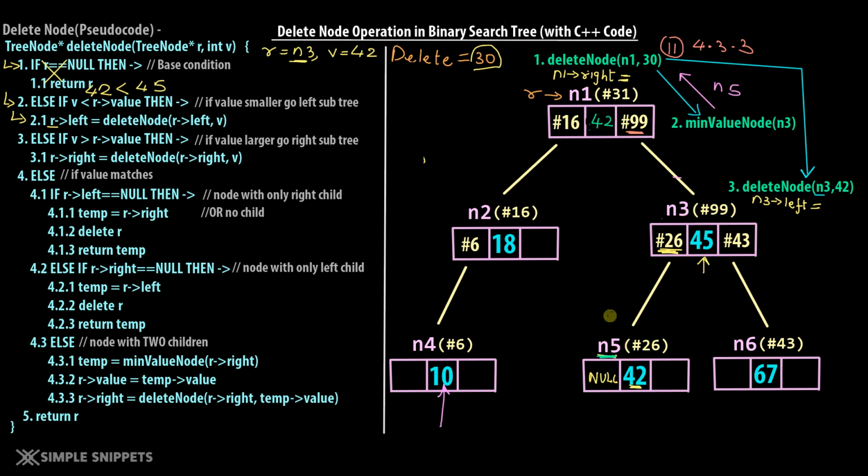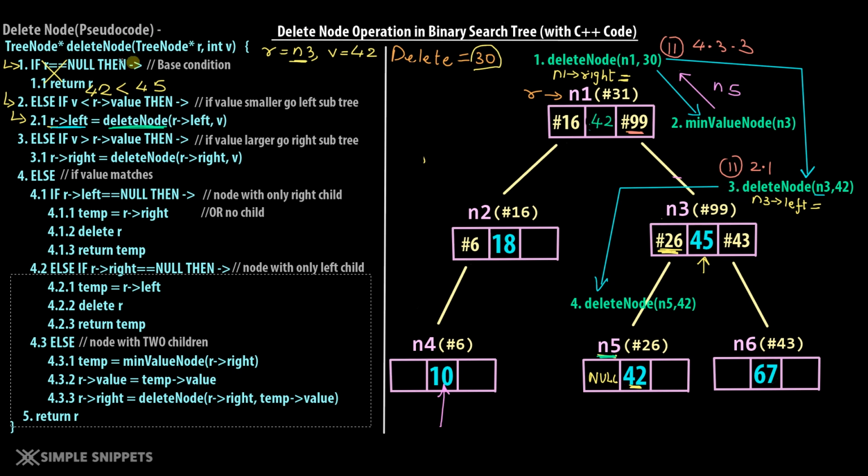The traversal is happening now. So this third delete node will go in a pause state at step number 2.1 and a fourth delete node will be called. You can see over here, we will say n3 of left, that is R of left, and a delete node function call. So R of left is expecting a pointer value, a node value, which will be returned from this fourth delete node. So now this third delete node is in pause state.